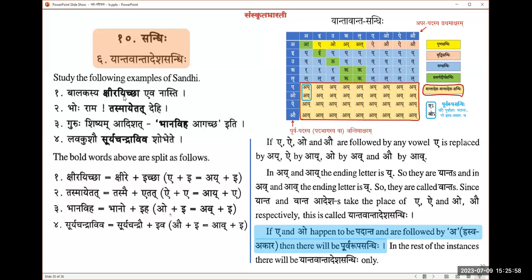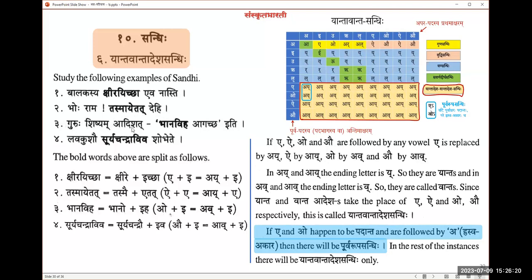So I remains and I reverses back to A. So that's how we have to do. Right? Tasmai etat dehi. Bho Rama tasmai etat dehi. See, it is easier to pronounce and seems a congruent production of the sound even for the mouth. After I and A join, you get the IA sound.